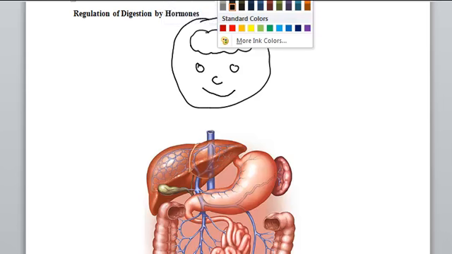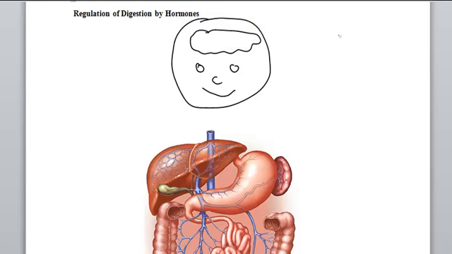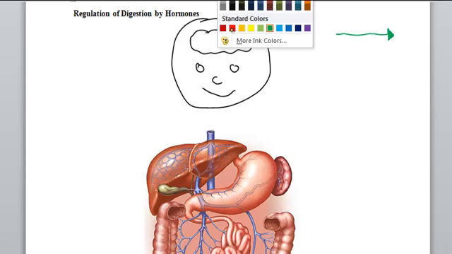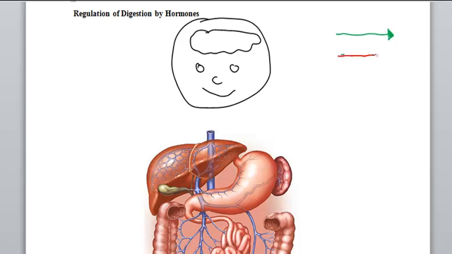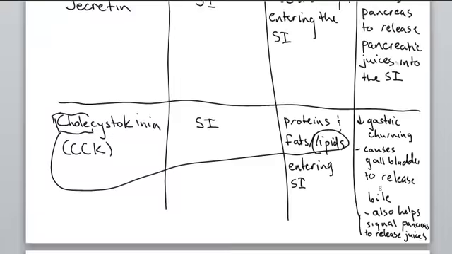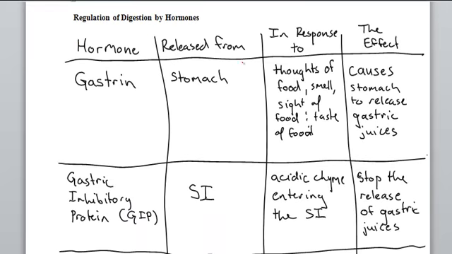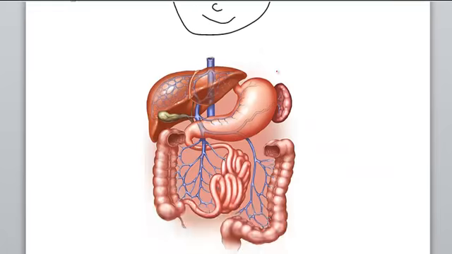So if you're going to do this on your own, you put the name of the hormone, and if it causes something to happen, it helps it happen, you use a green arrow. And if it stops something from happening, has a negative impact, then you use a red line followed with just a line cutting across it at the end.